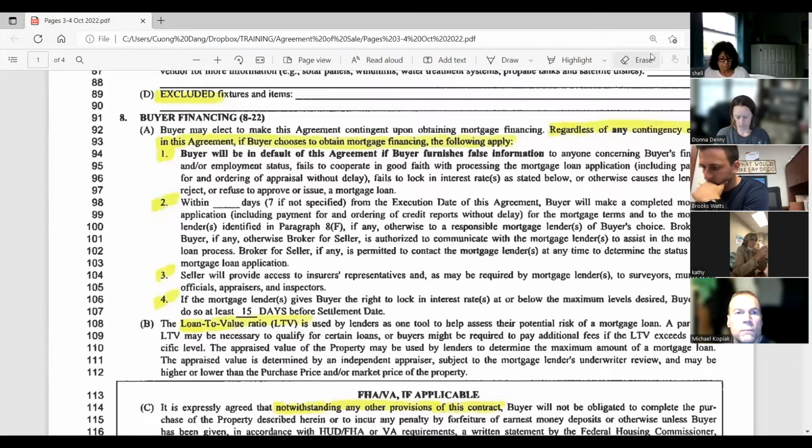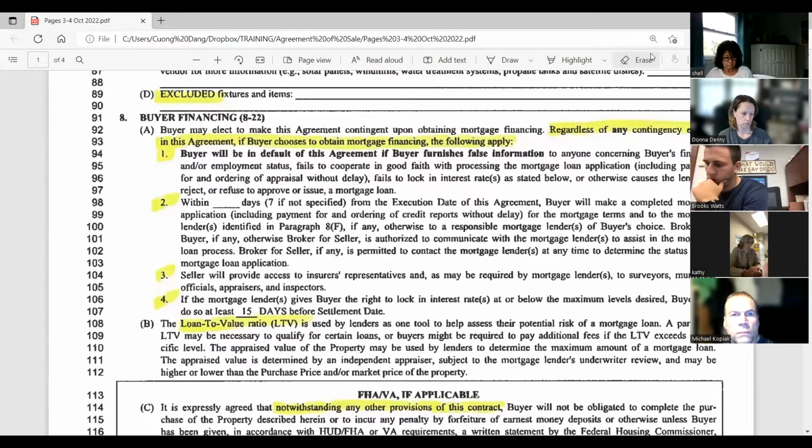Next, buyer financing. Okay. Remember the old contract? Right at the top, this section, it would immediately start off with accept or waived. You either have a mortgage contingency or you don't. Well, now that portion is later on in this section, but the first thing they talk about is buyer financing, part A here.